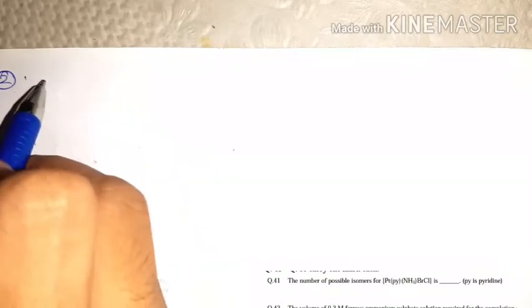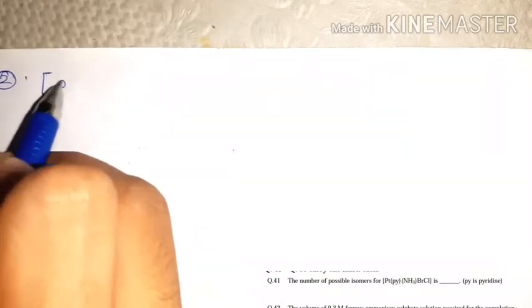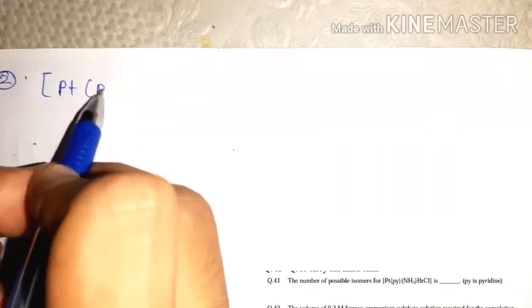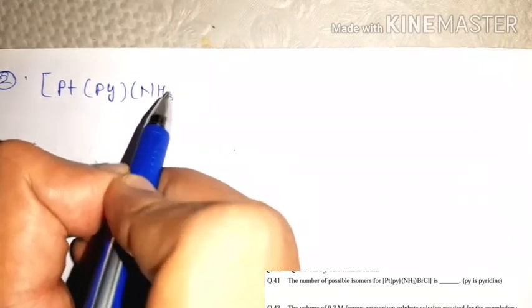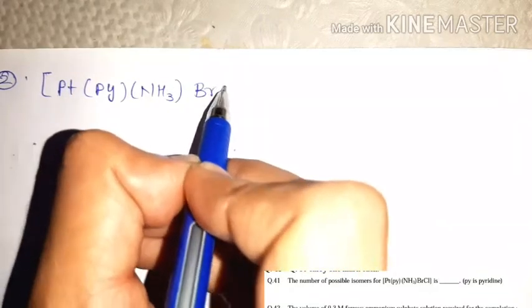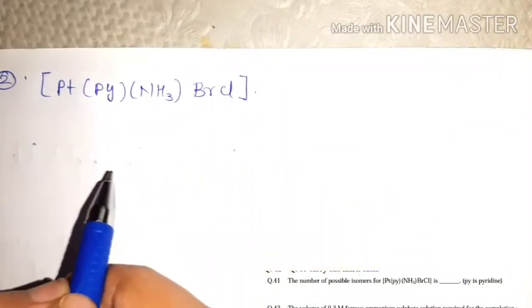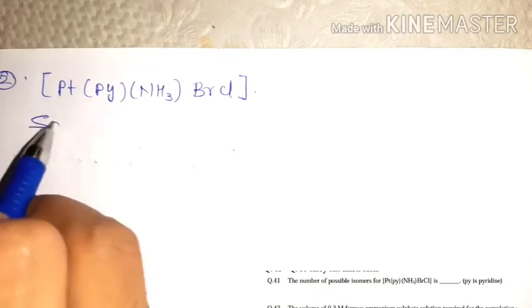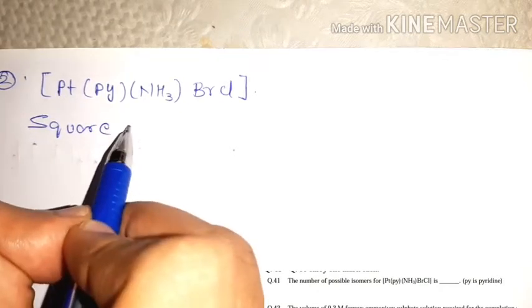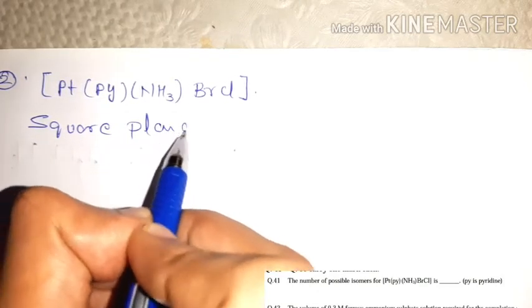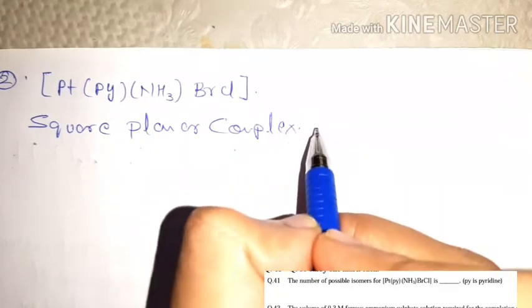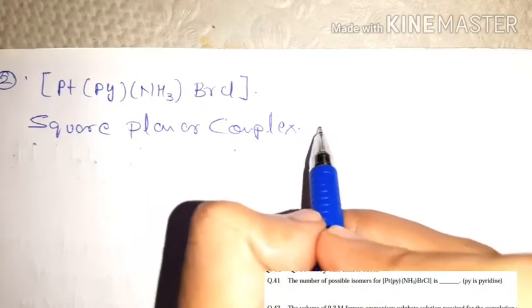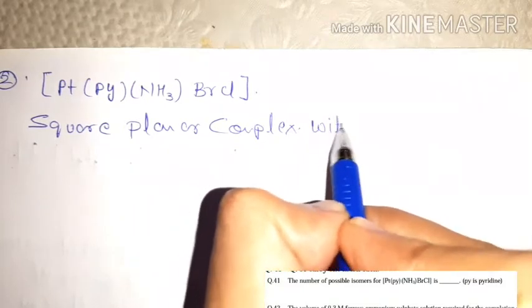See, we have a complex that is platinum bound with pyridine, ammonia, bromine and chlorine. As you know, friends, it is a square planar complex with MABCD type.